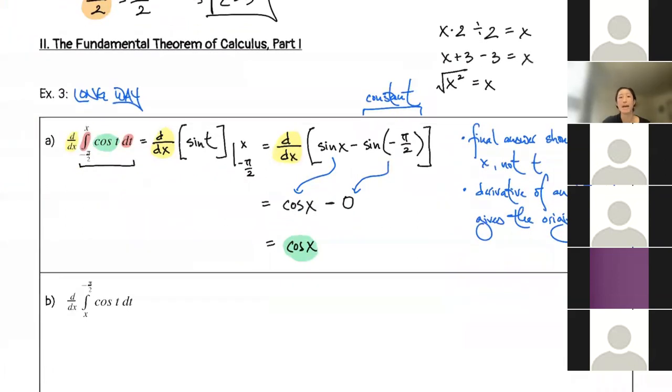So one can imagine that if you had in this green here, instead of cosine, a very gross looking function that you didn't know how to take the integral of, perhaps one thing we might be thinking about is, well, we're just going to have that same function in our answer, except it will be with an x instead of the t letter.